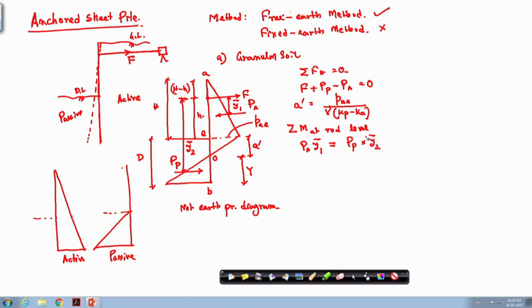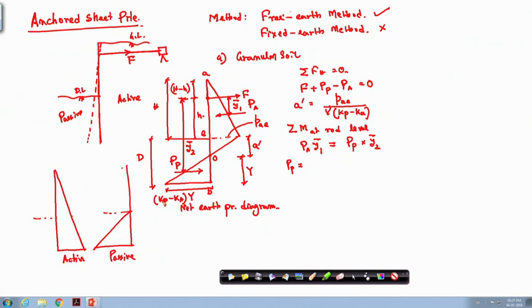Okay. And P P value I can write, you know here net earth pressure is 0. Okay. At O point net earth pressure is 0, then it will increase this value. Okay. So, the net earth pressure, this P P or this value will be K P minus K A into capital Y. This is the same thing I did in the last problem of cantilever sheet pile in granular soil.